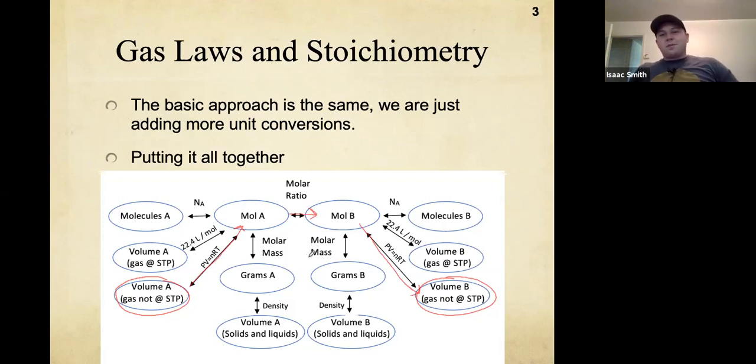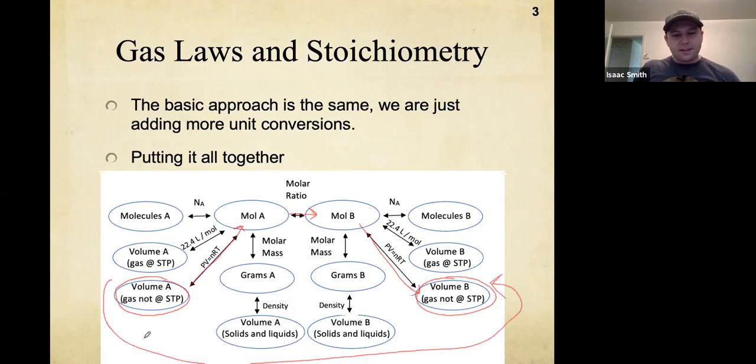So what we talked about before is the part I need to add into this equation is there's a shortcut between volume of A and volume of B under certain conditions, right? That's if the pressure and temperature are constant. Because under those conditions, Avogadro's law works, okay?